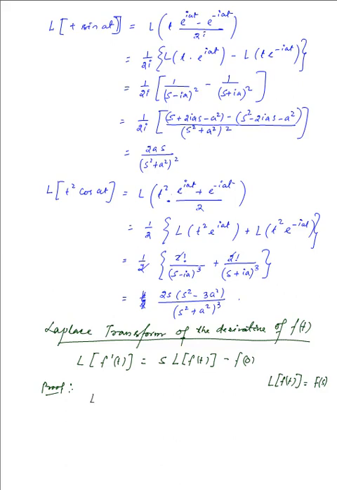So this is the Laplace transform of the derivative, and that is equal to the integral of e raised to the power minus st times f prime t, because we'll be integrating this by parts. So we'll be taking e raised to the power minus st as the second function and f of t as the first function.